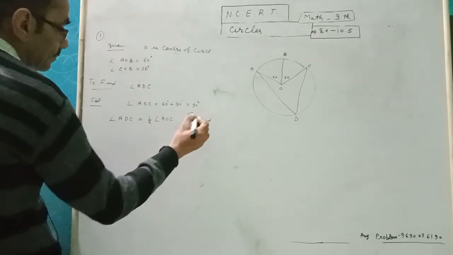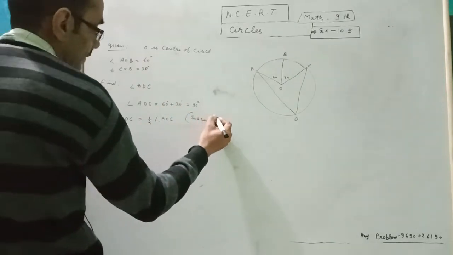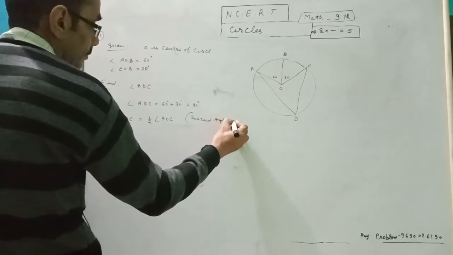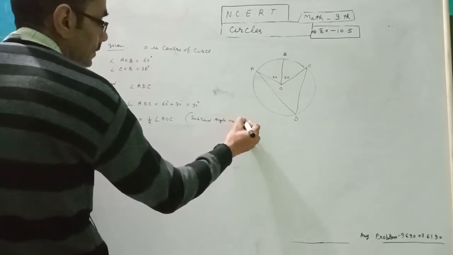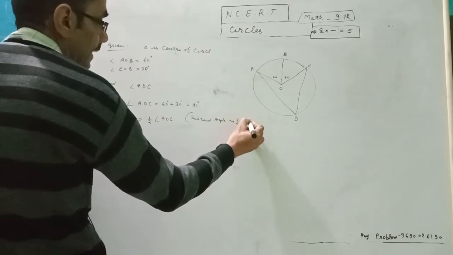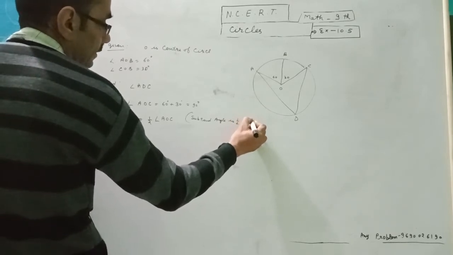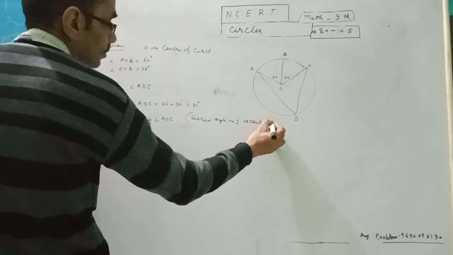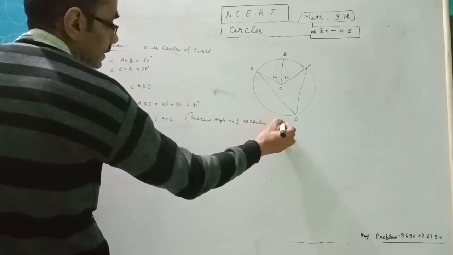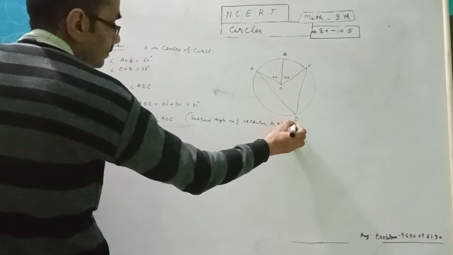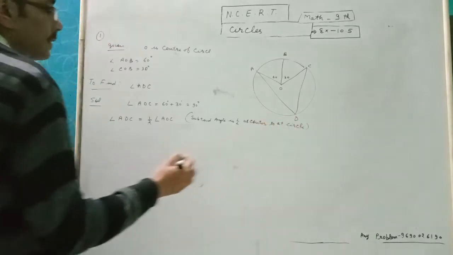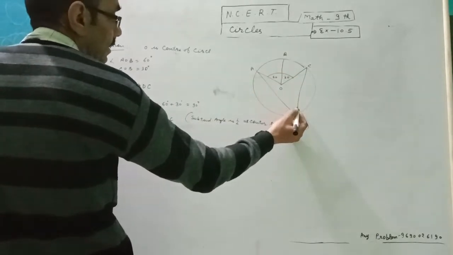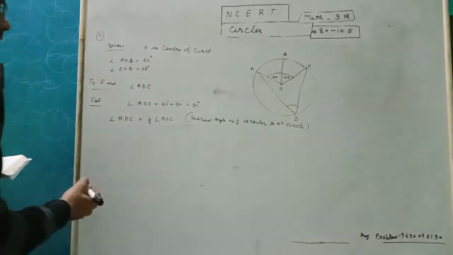Subtended angle at the circle is 1/2 of that at the center. The angle subtended at the center, half of it, is equal to angle ADC.